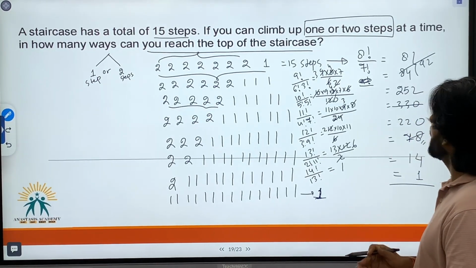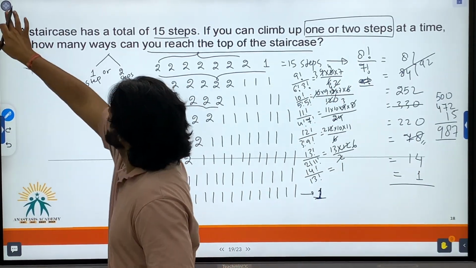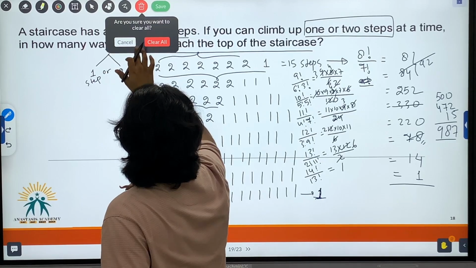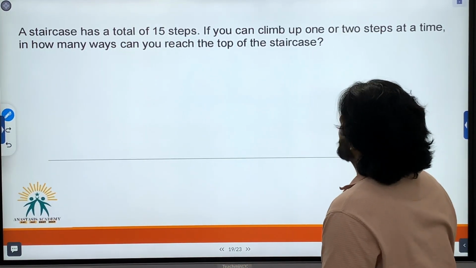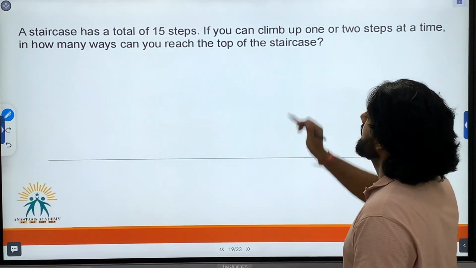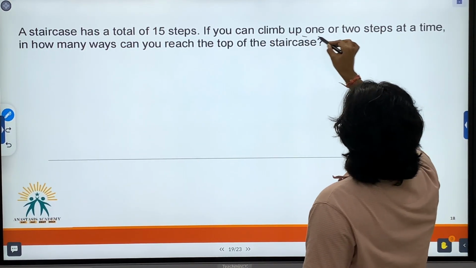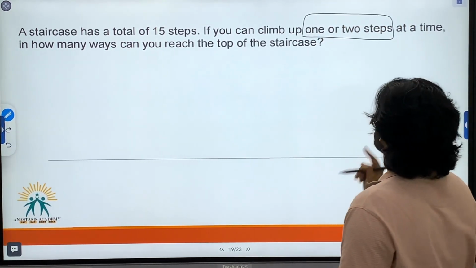Or the second way of doing this question is, I'm erasing this part. Second way of doing it is, given that I have to complete 15 steps. Now I can only climb 1 or 2 steps at a time, right? 1 or 2 steps at a time.